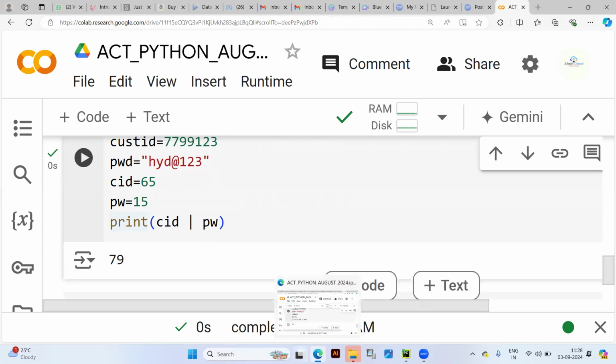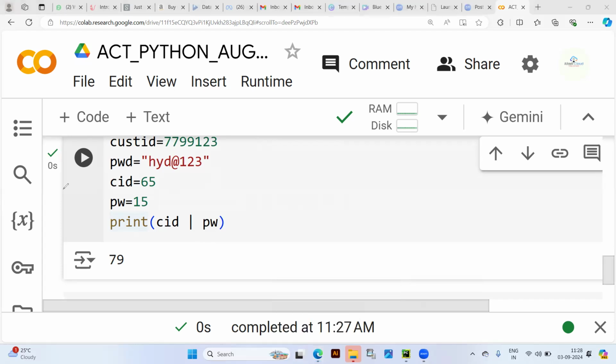Now, I'll be taking that example. Here, 1. Now, if we do the bitwise OR operation, what happens here?